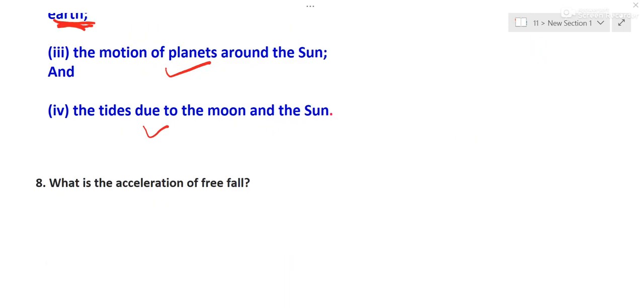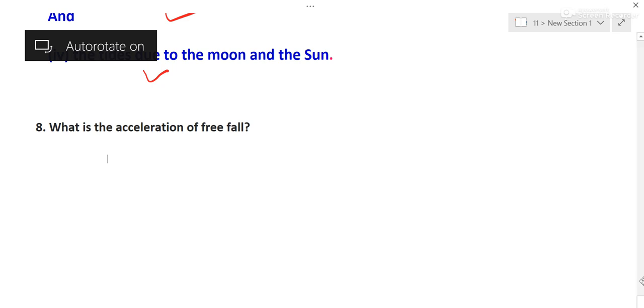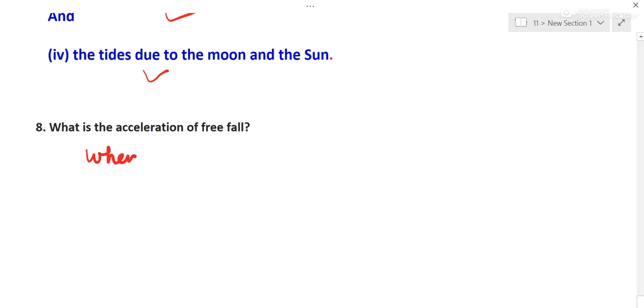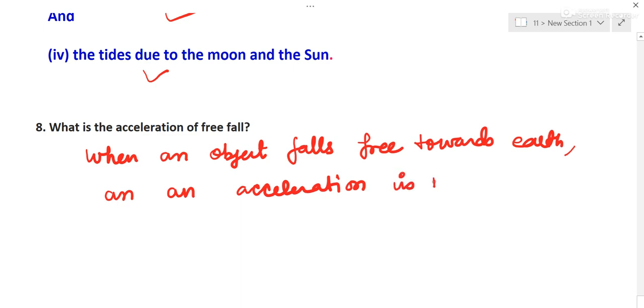Next question is, what is acceleration of free fall? So it is simply acceleration due to gravity. What is acceleration of free fall? When an object falls freely towards earth and acceleration is involved, that acceleration is acceleration due to gravity.